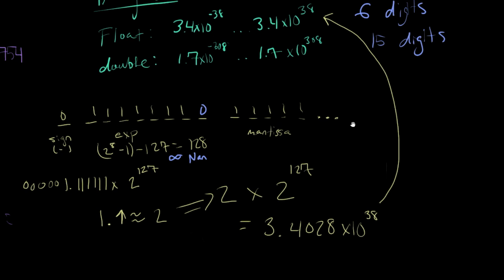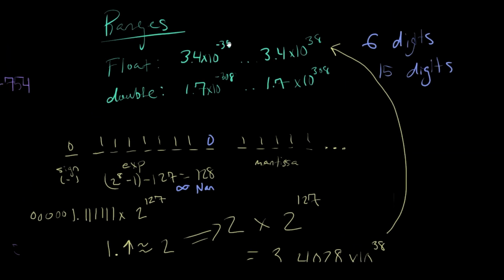So 23 1s, because the float type uses 23 bits for the mantissa. So 23 1s is some massive number, so it's going to be 1 point some massive number, close to 2, so we just round it up to 2. So now we have 2 times 2 to the 127, and this is equal to 3.4028 times 10 to the 38. So that's where this range comes from.